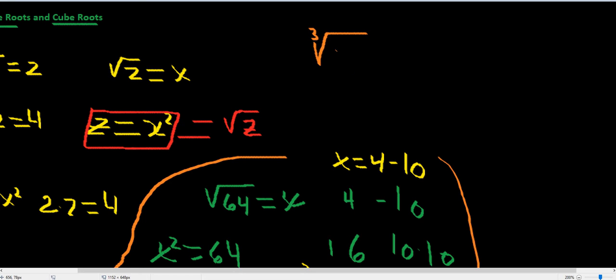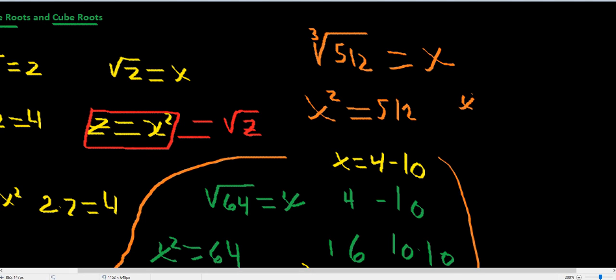Let's see, we have the cube root of 512. Cube root of 512. We would start by saying this equals x, so x to the third equals 512.